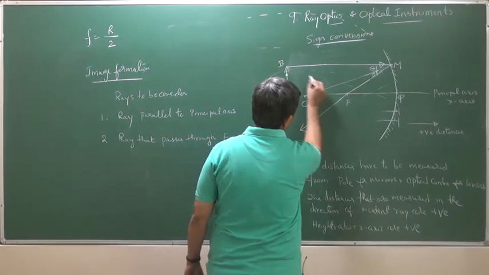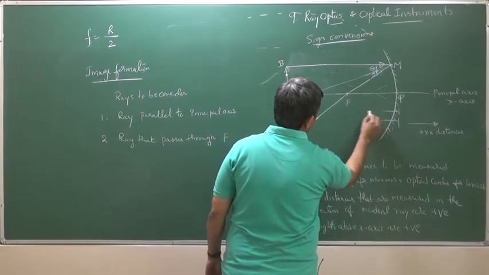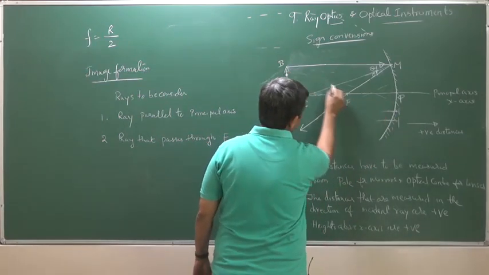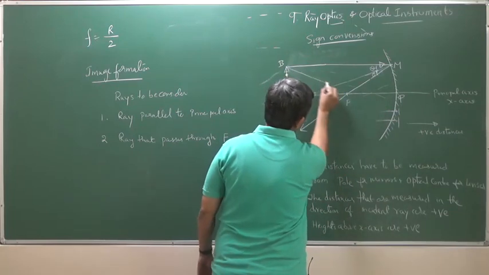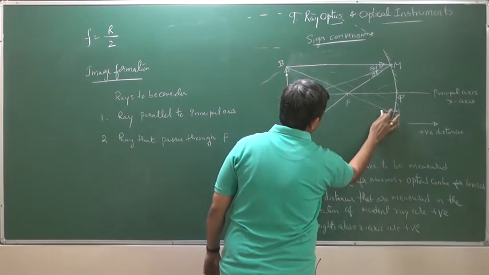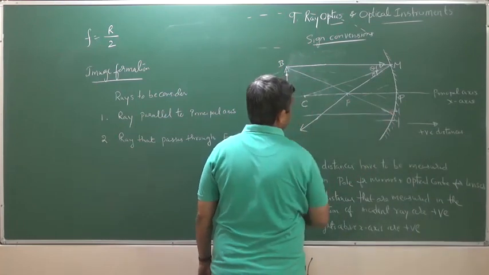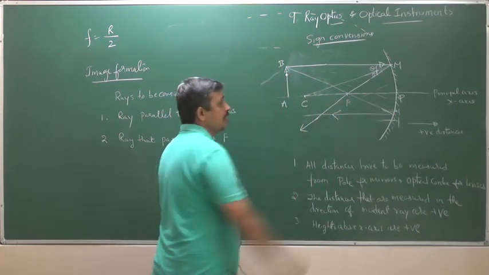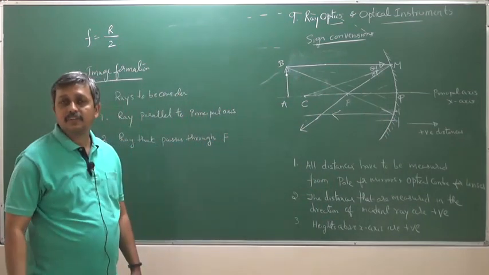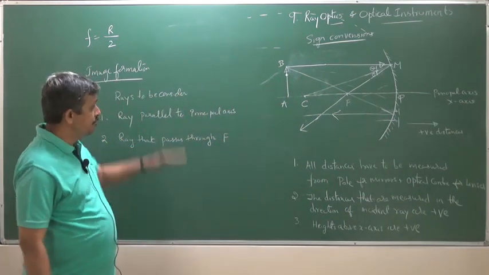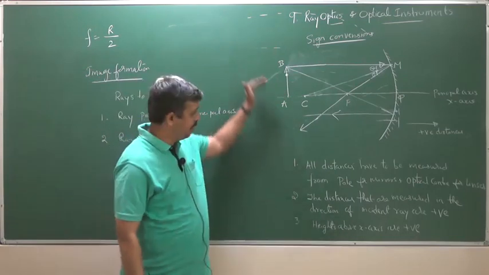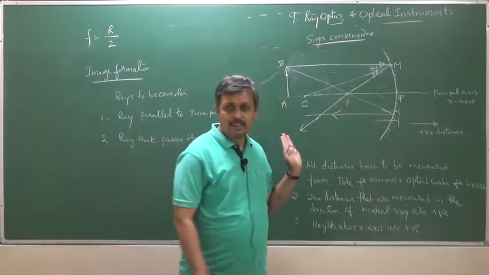Such rays generally reflect parallel. See, if you get a ray like this, they will actually reflect parallel. So they will come back parallel. So if you send parallel, they come through F. If you send direct through F, it will come parallel.